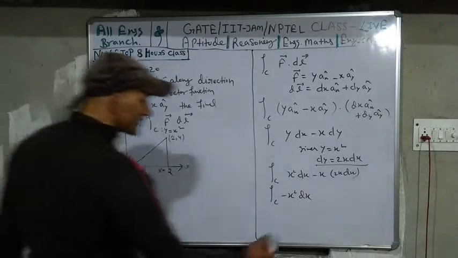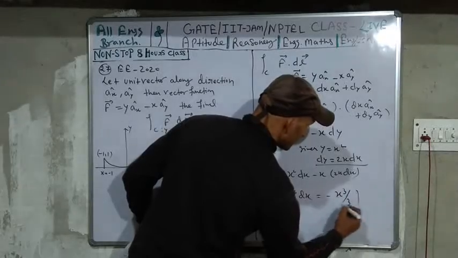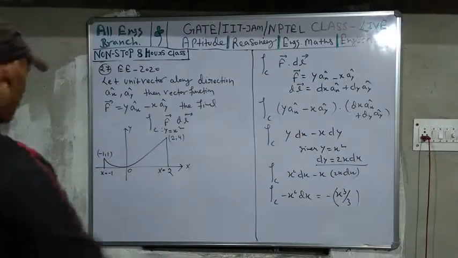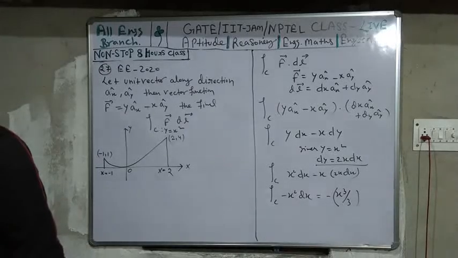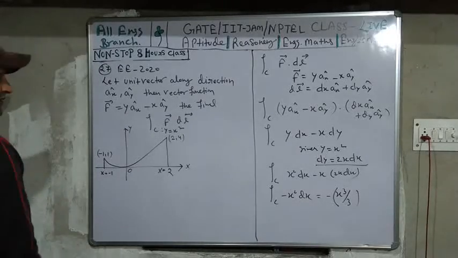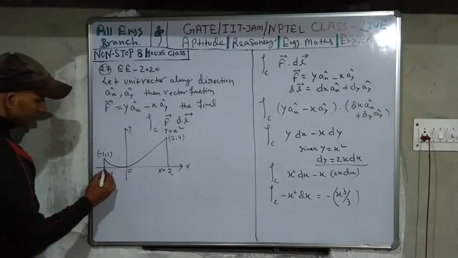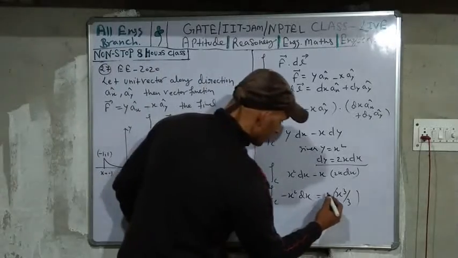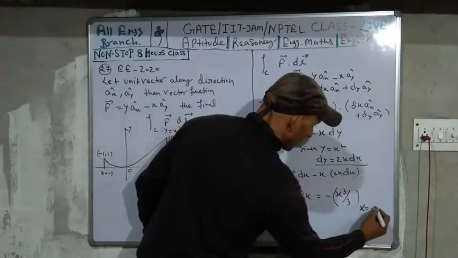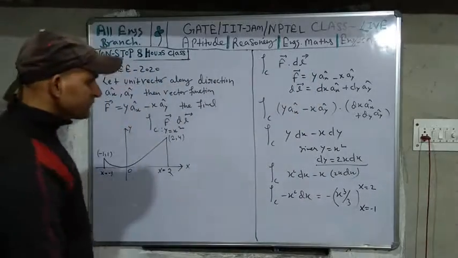You know that the integration of this is minus x cube upon 3. The integration of x to the power n is x to the power n plus 1 upon n plus 1. Now the limits: on the x-axis, your value will be from x equal to -1 to x equal to 2, and it works for dx.